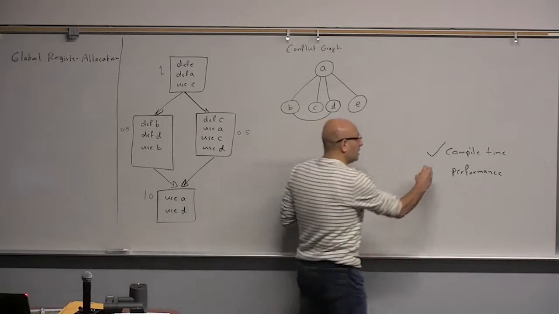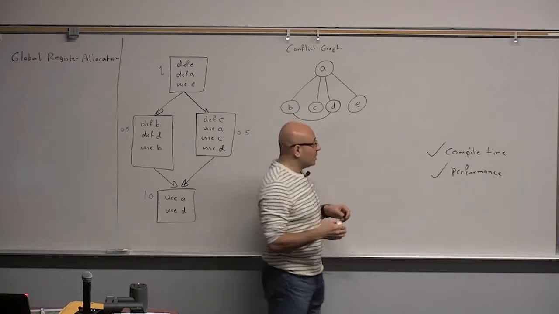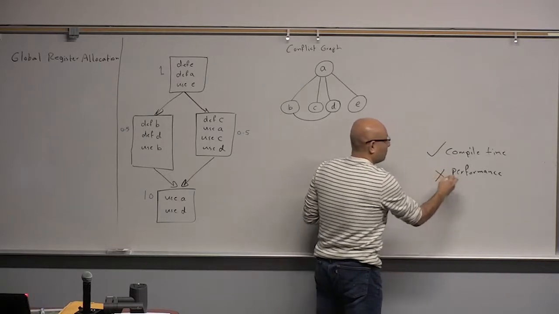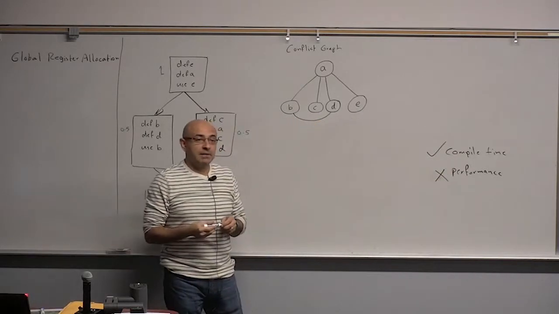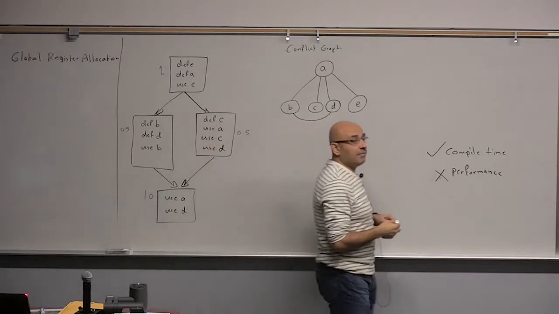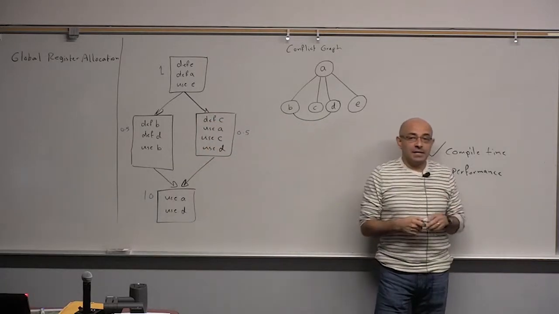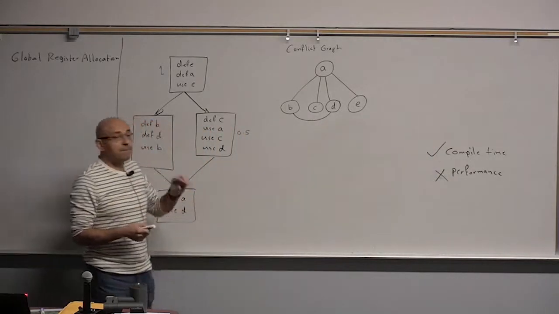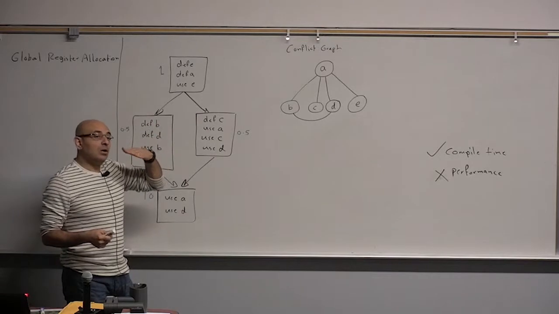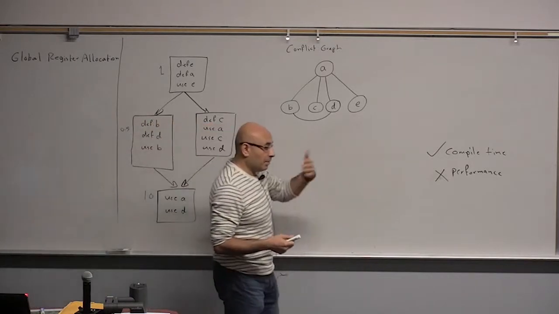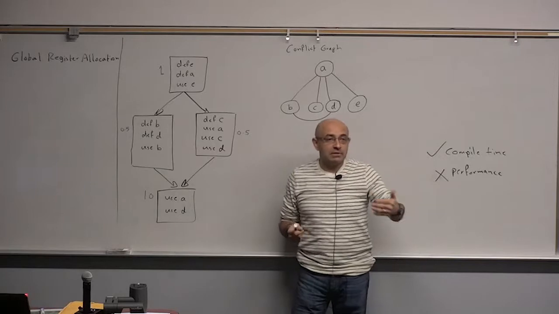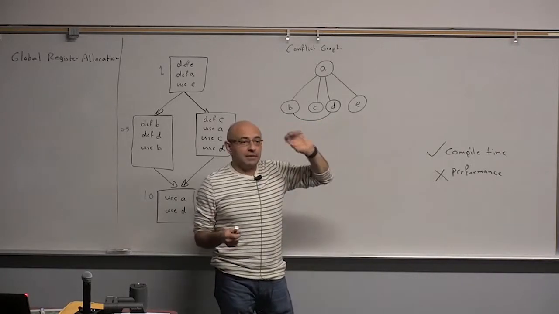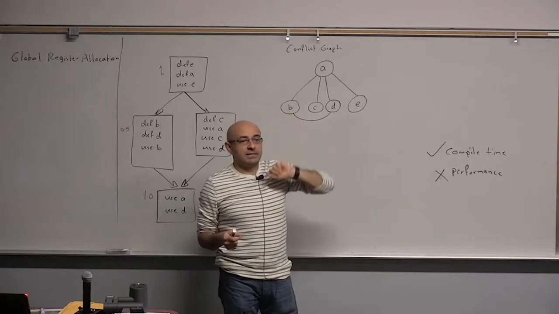So local register allocation gives good compile time, but in general it gives poor performance, because the generated code will have excessive loads and stores. These come from having to load everything before you use it in a basic block. Everything gets loaded before it's first used in a basic block, and everything that is defined in a basic block gets stored.